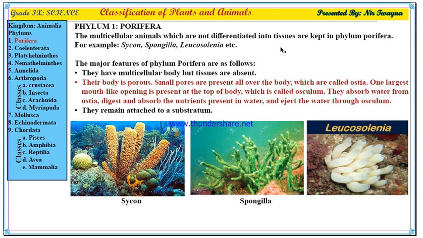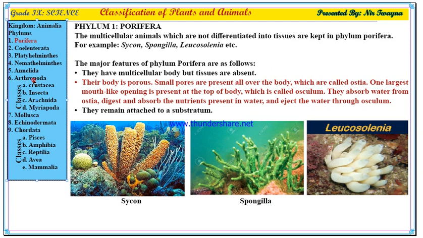Well, just like kingdom Plantae, in kingdom Animalia there are 9 phyla. We have already discussed this in our second class of classification. These 9 phyla are Porifera, Coelenterata, Platyhelminthes, Nemathelminthes, Annelida, Arthropoda, Mollusca, Echinodermata, and Chordata.